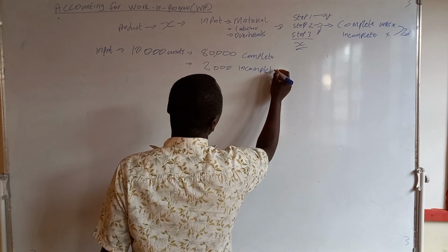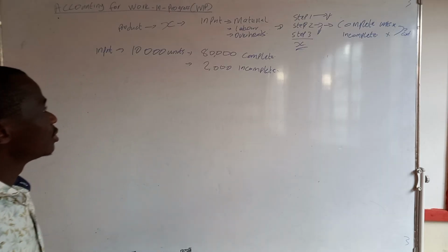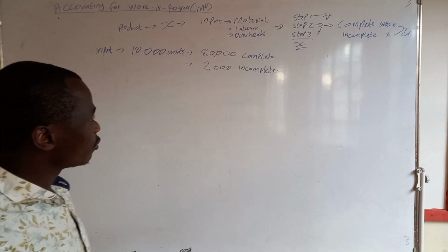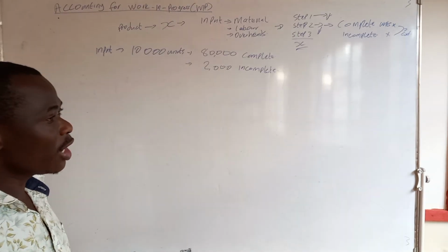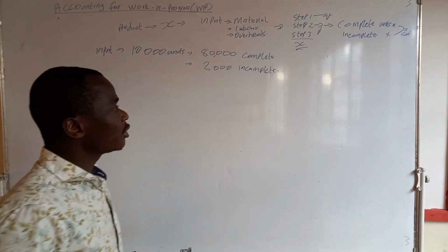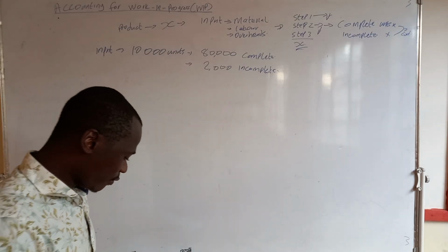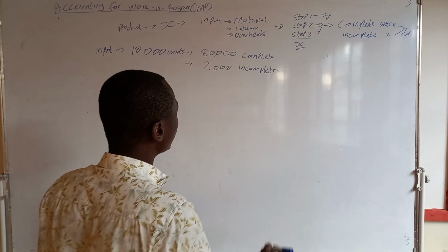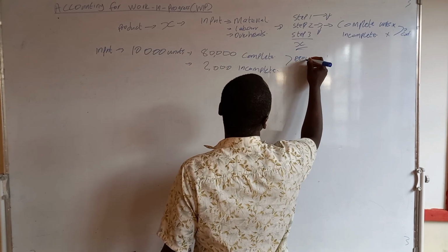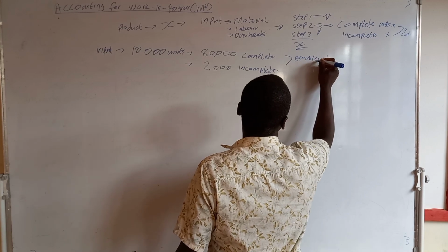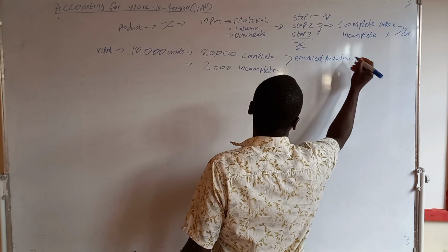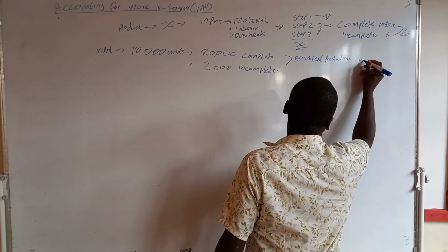Now, for you to know the number of units you are going to be accounting for, you are going to introduce what we call equivalent production, or equivalent units. In your equivalent production, you are going to use the units.